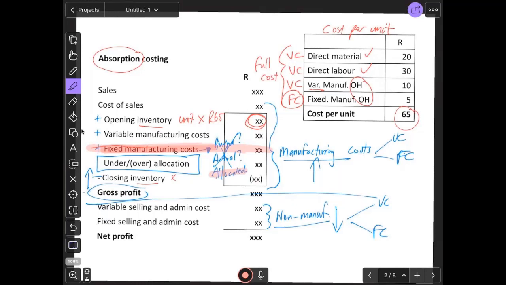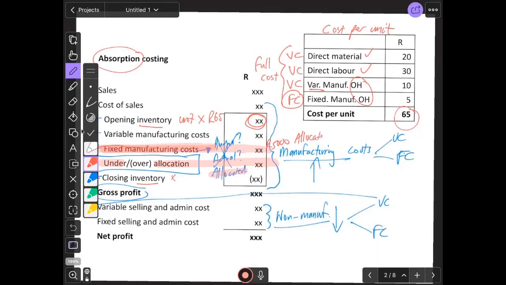So we added an under allocation of 1,000. So let me just write that out. We had 5,000 allocated, and we had an under allocation of 1,000. And that gave us a total of 6,000, which is our actual. So you can see it doesn't affect our opening stock.